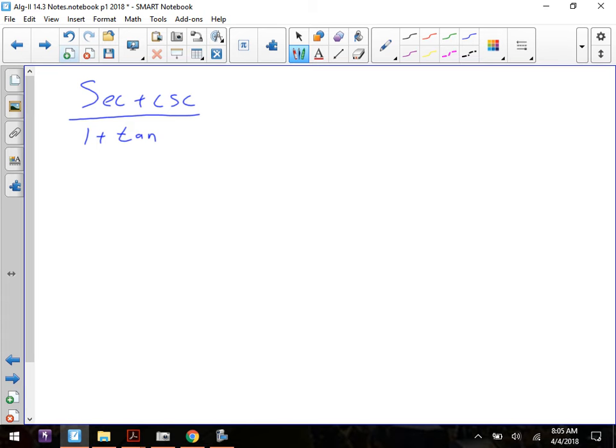I'm going to rewrite everything in terms of sines and cosines. And then I'm going to simplify or get common denominators for each part independently.